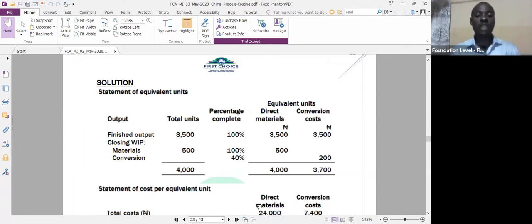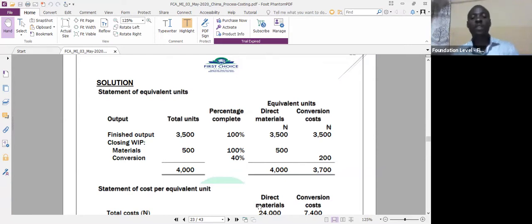Remember, we have 4,000. It is the 4,000 we want to account for. Finished output happens to be 3,500. And you see, it is 100% complete for direct materials. So every finished output is 100% complete for material, 100% complete for labor.